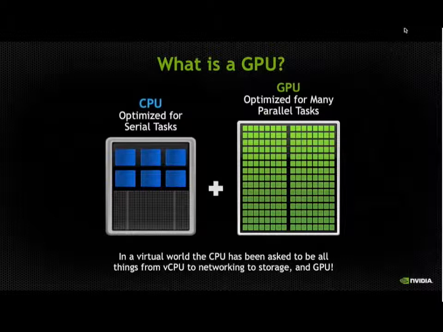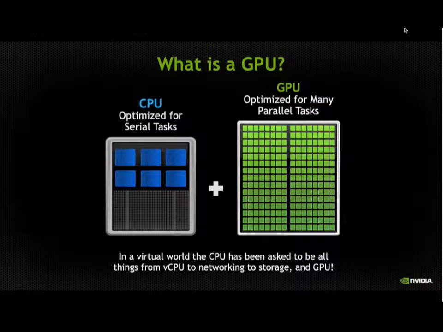They are optimized to essentially take a question and provide an answer, then take the next question. GPUs, on the other hand, are massively parallel. They have to flood the screen with an answer for essentially all those pixels, with what they're supposed to show, and do it fast enough and refresh quickly enough that from our eyes we see a great visual experience. So two very, very different creatures.